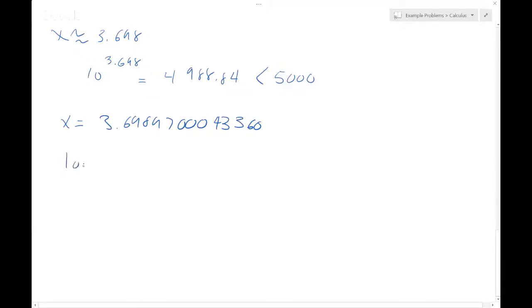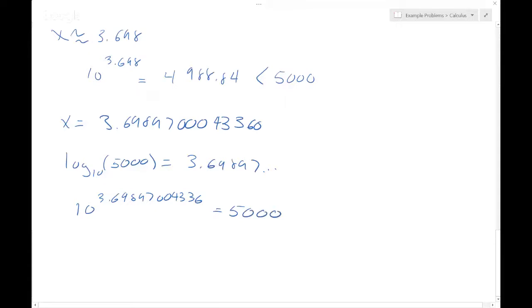So we end up with the common log base 10 of 5,000 is equal to 3.69897. And if you have a calculator nearby and raise 10 to the 3.69897000433, you'll end up getting 5,000.